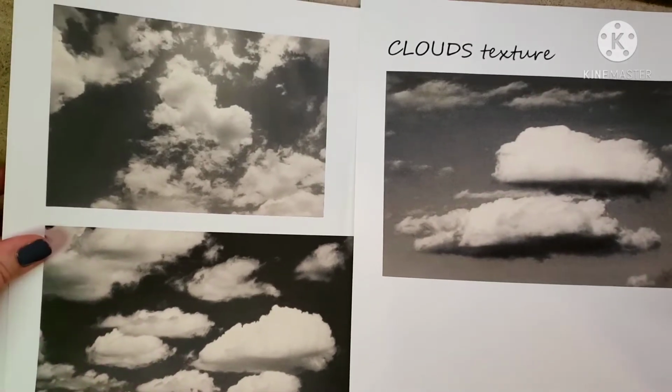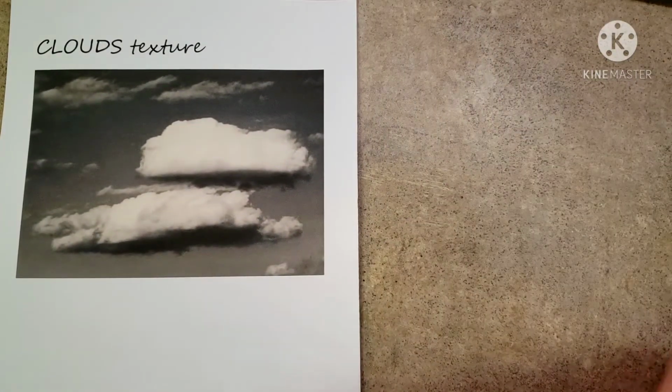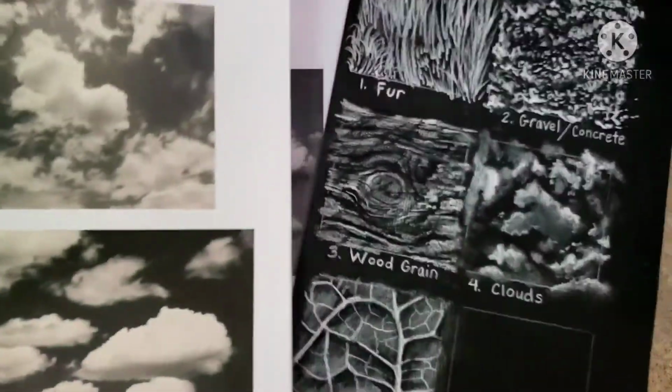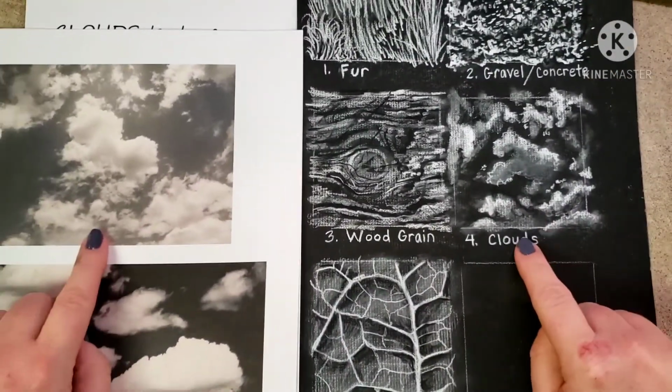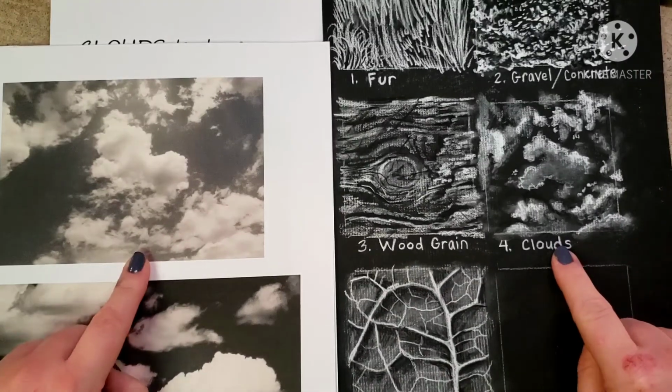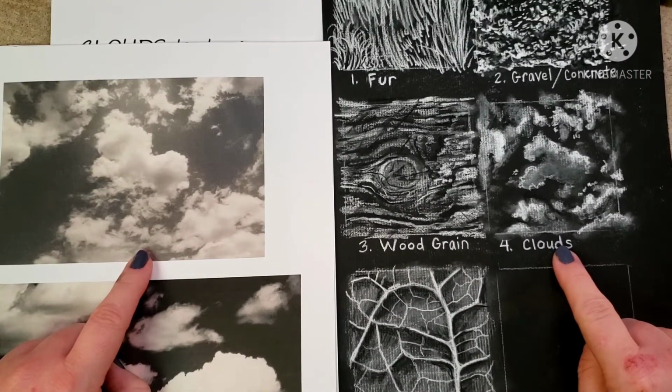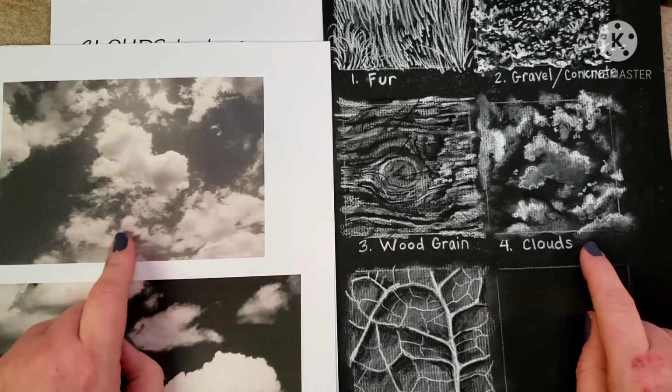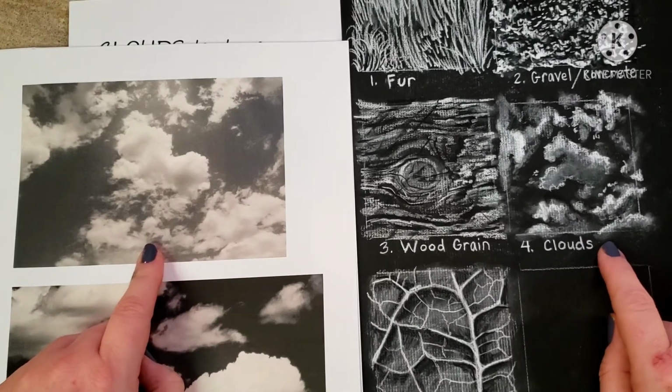So I think I'm going to pick this one. And you can see here, for this one I actually chose this. So it's an interpretation of this image. It's not an exact, perfect, every little tiny detail replica.